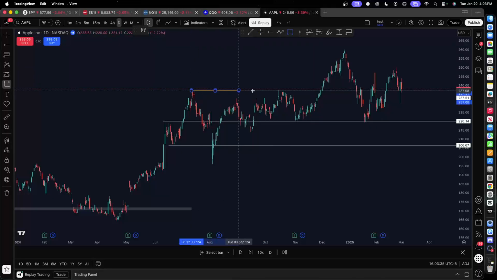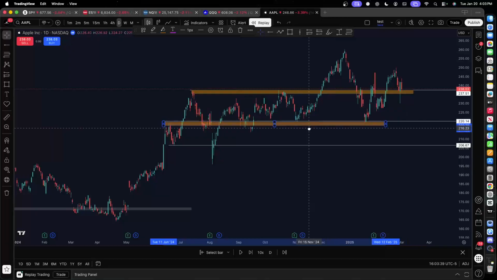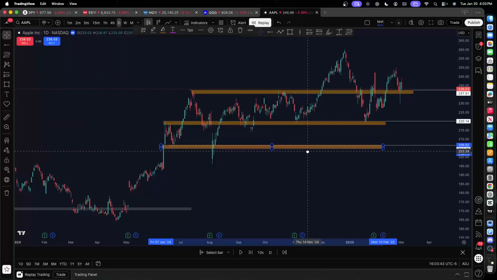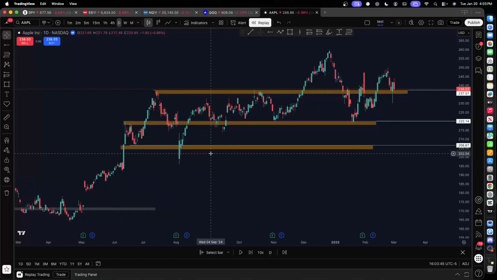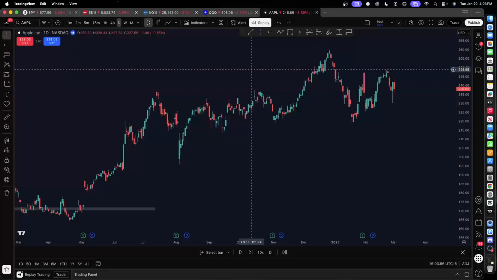Take your level, mark out where the buyers are and the sellers are. You can copy and paste the levels to make it simple. What I'm doing. And we failed under this, and that's perfectly okay. And ta-da, there's your structure. I mean, guys, it's like, that's it. It's so simple. And drawing the levels is not rocket science.